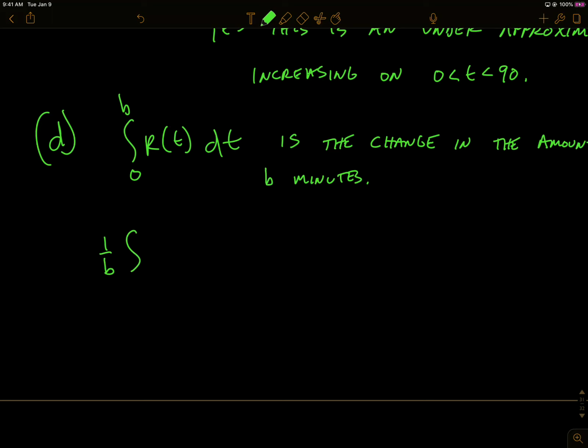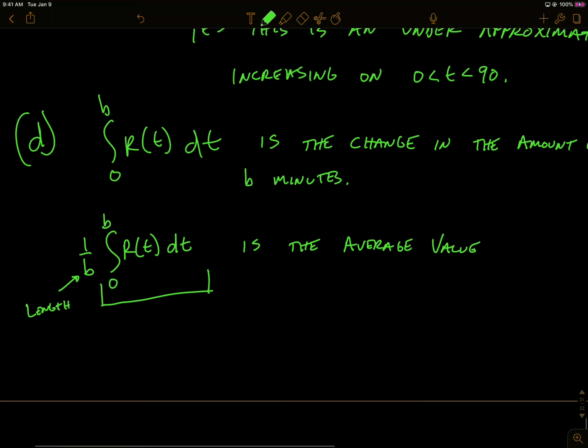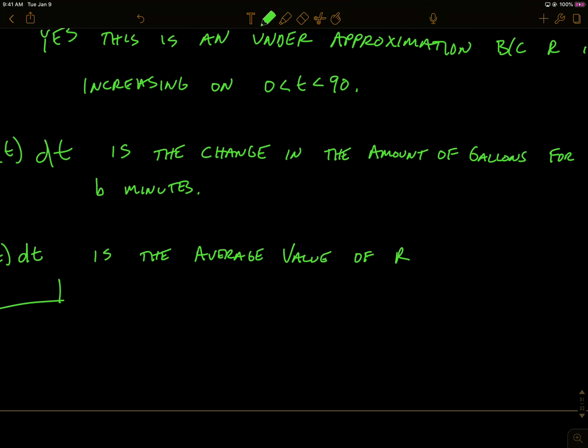Okay, now how about 1 over b times the integral from 0 to b of r of t dt. So if we're going from 0 to b, this is the length of the interval. So while this part is the amount of change, we're then dividing by the length, and we're turning it back into a rate. So this is the average rate. So this is the average value of the rate, because it was published as a rate.